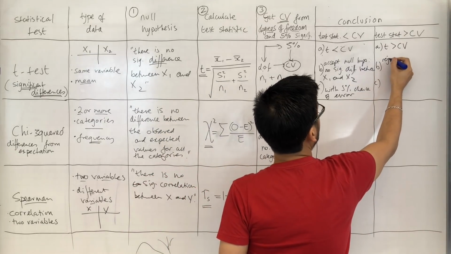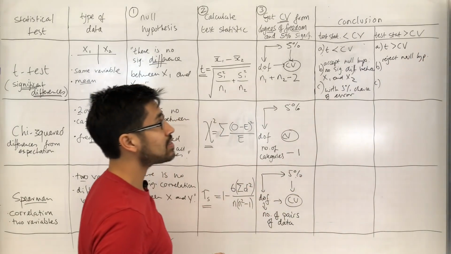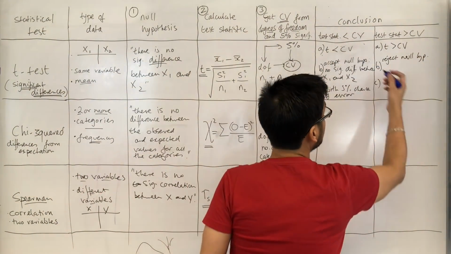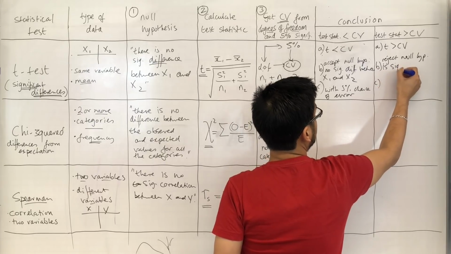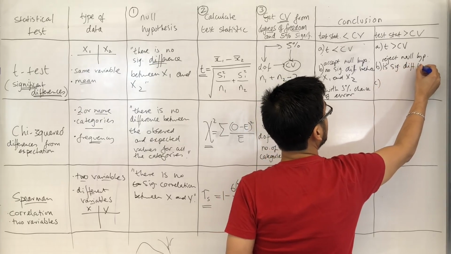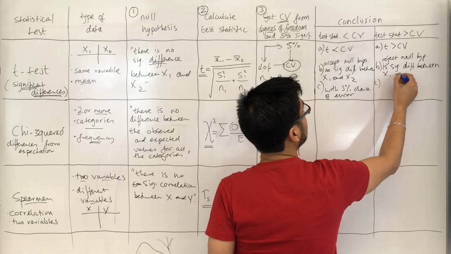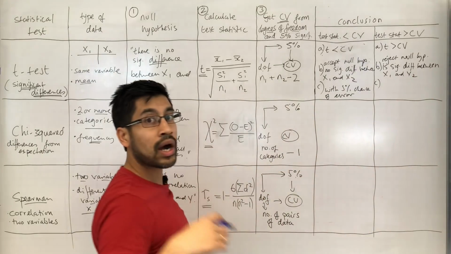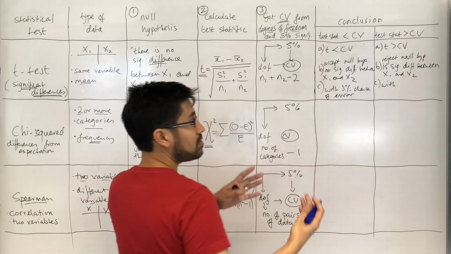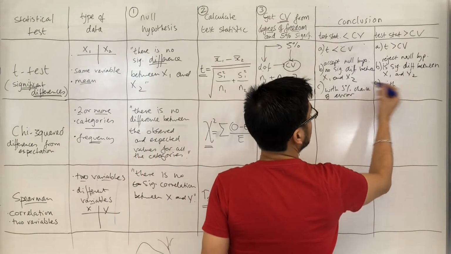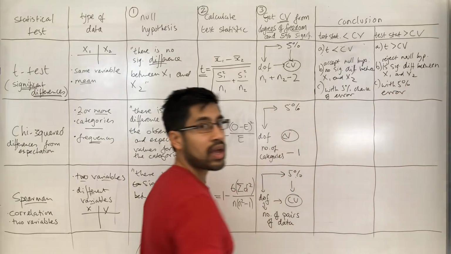Therefore, I reject the null hypothesis and conclude that there is a significant difference between x1 and x2. Again, with a 5% chance of me coming to this conclusion incorrectly, a 5% chance of error.